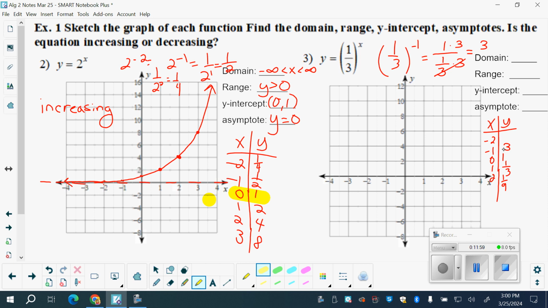So now for the 1/9, when it's to the -2, what's it going to be? 1 over 1/9, which is 9. Okay, let's graph those. (-2, 9), (-1, 3), (0, 1), (1, 1/3), (2, 1/9).